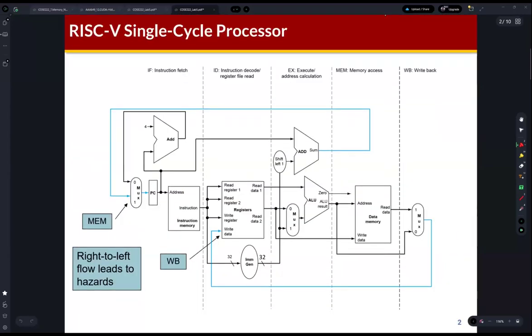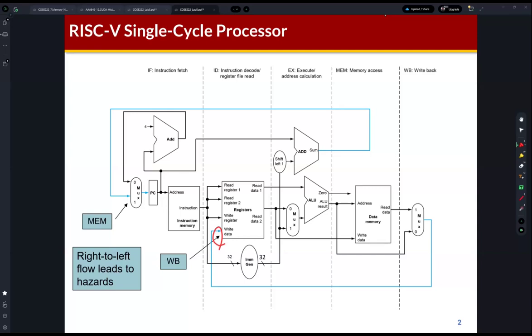But as I explained, we need to check the timing of signals, and I also explained the rule of this timing. For example, we make the control signals delayed.